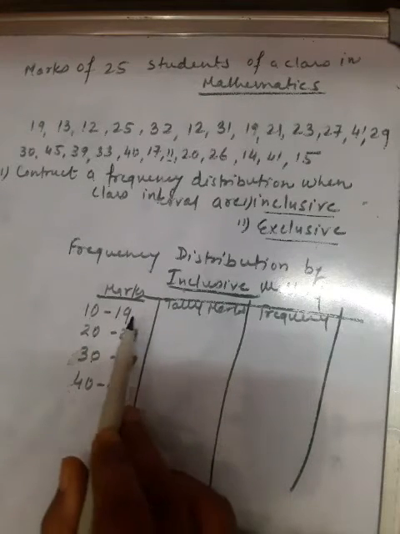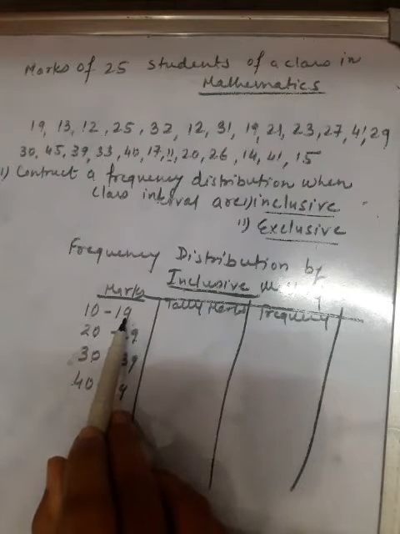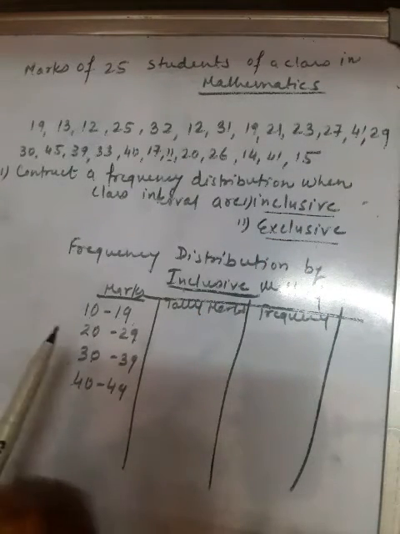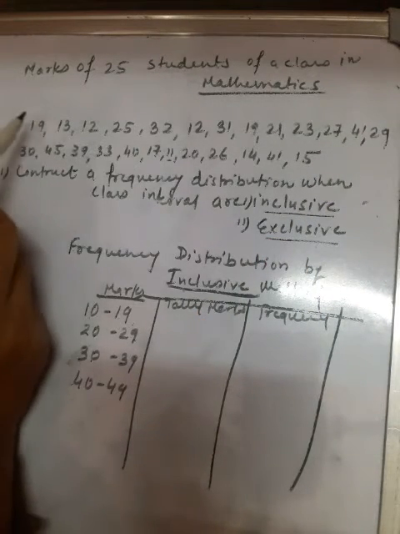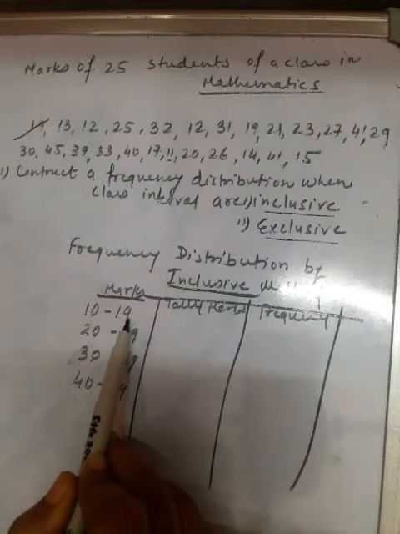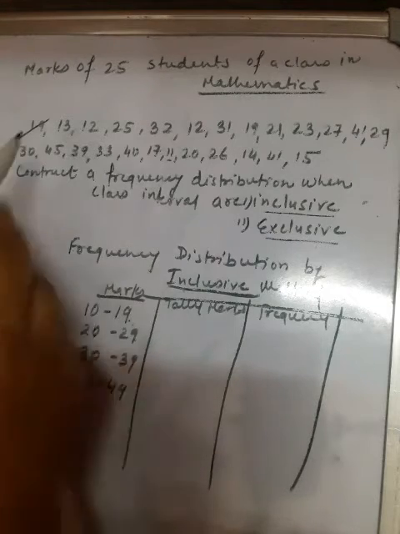Now tally marks. We will find out how many students are in 10 to 19 in this raw data. The first is 19, and because in an inclusive series 19 is considered in this particular class, 19 will be counted here.